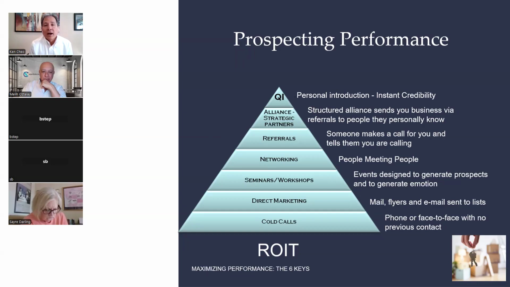You've got to talk to maybe 50 people before you close a deal. And as you move up into alliance partnerships, where somebody has a good relationship with the person who's introducing you, and they're expecting your call, then that's more like a 95% return on invested time.